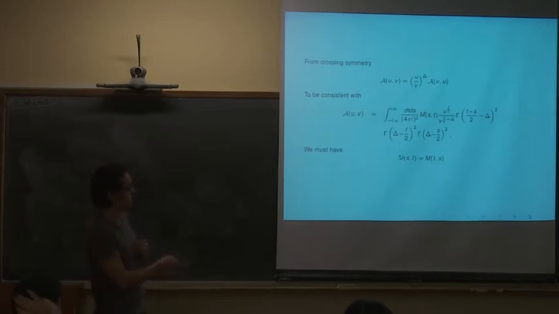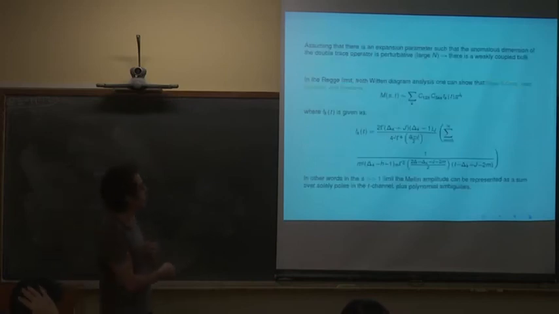But already you see that this is very similar as a function to what we're looking for. First of all, we're going to assume that there is an expansion parameter such that the anomalous dimension of the double trace operator is perturbative.